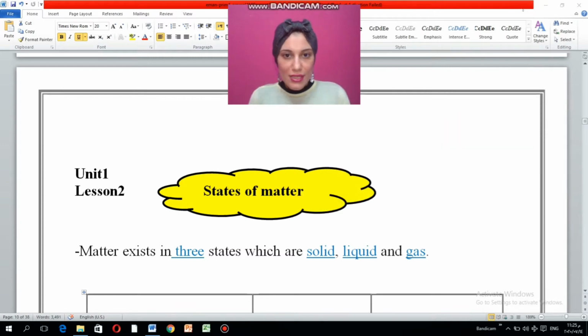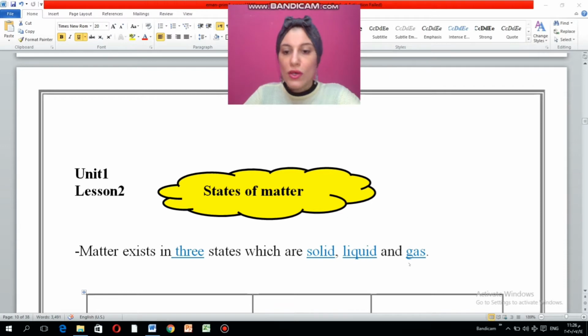In our last lesson, we studied together what is the meaning of matter. And today, in lesson 2, we will study together the states of matter. Look at the screen. Matter exists in 3 states, which are solid, liquid, and gas.